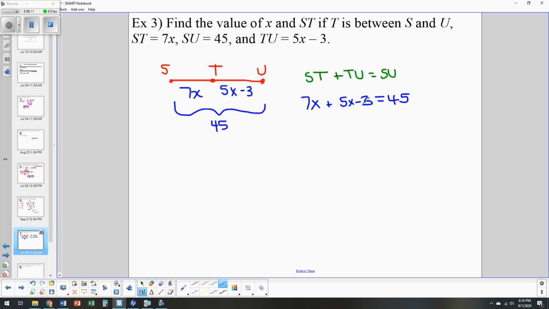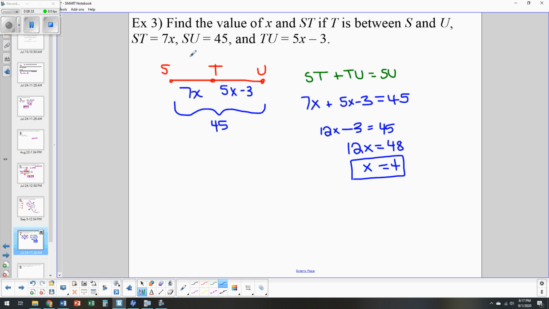So now we can combine like terms. We have 12x minus 3 is 45. If I add 3 to both sides, 12x equals 48. And if I divide both sides by 12, x is 4. So that's the first part.